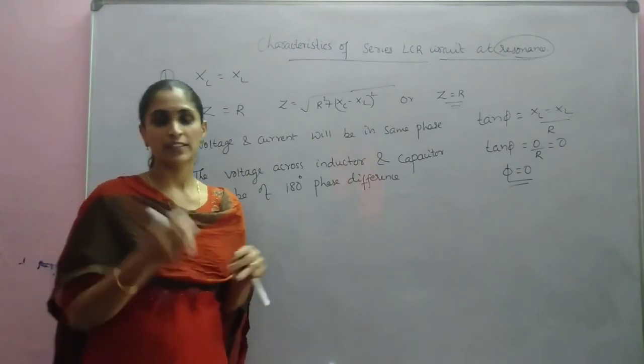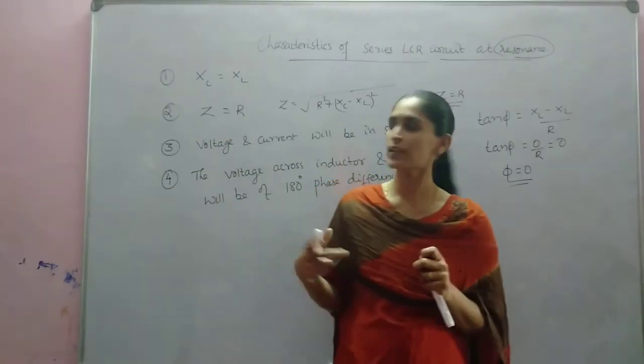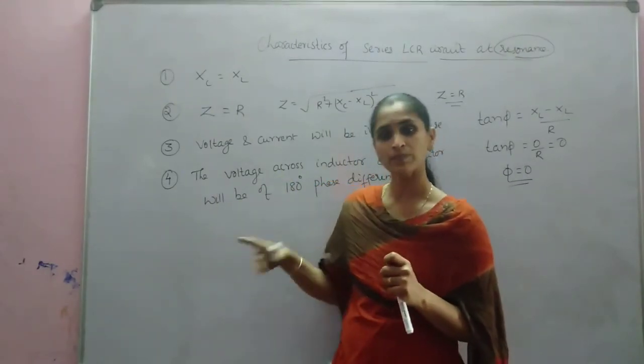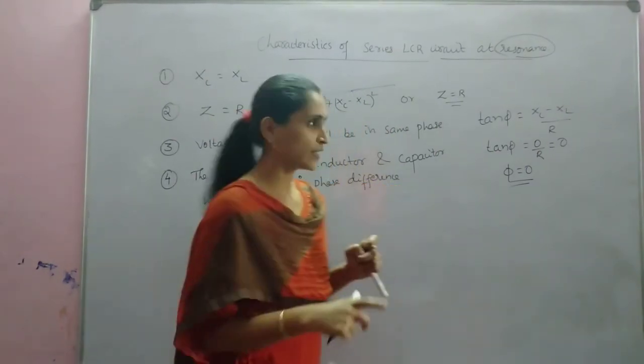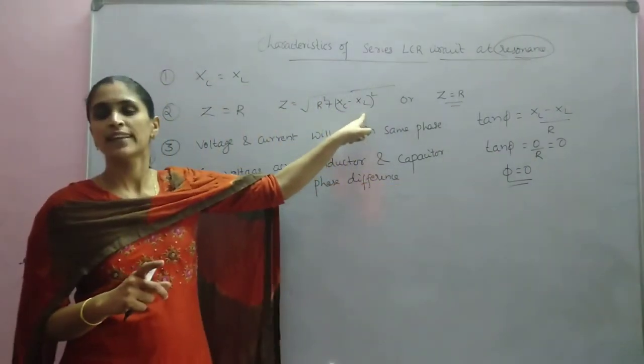Since we are considering the vector case, we are considering them as phasors. The voltage across the capacitor and the voltage across the inductor have the same magnitude. Why? Because at resonance XC is equal to XL.